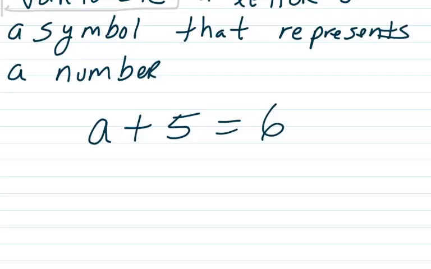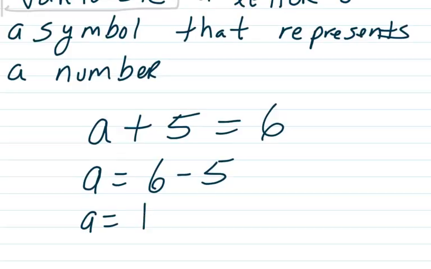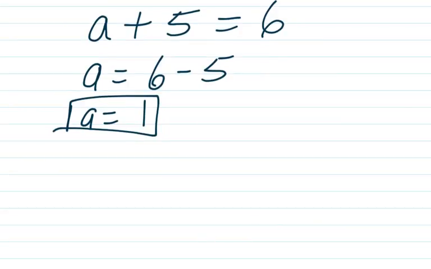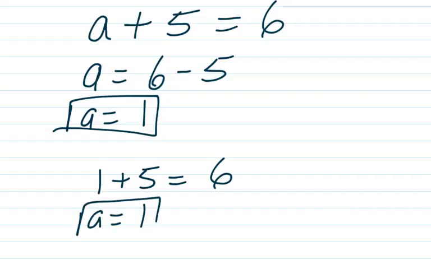So we can just do the inverse, and we can do that a = 6 - 5, and that a = 1, which will be our final answer. And if we substitute that back in, 1 + 5 = 6.